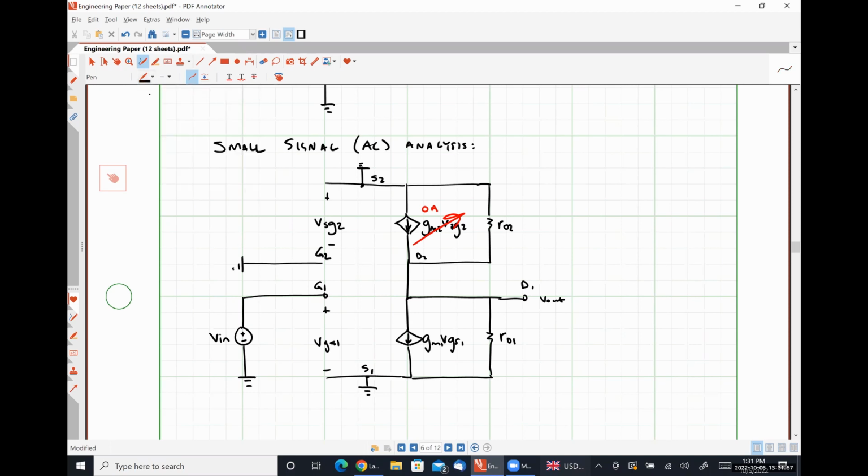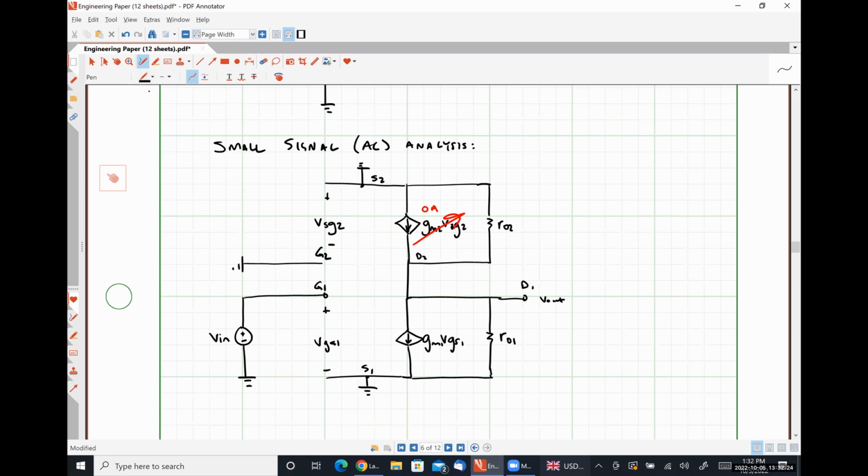So how does that make R02 look to transistor M1, the bottom half of the circuit? R02 would be connected between that common drain connection and ground. So effectively R02 shows up in parallel with R01.